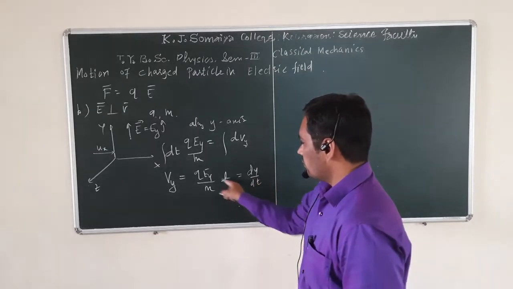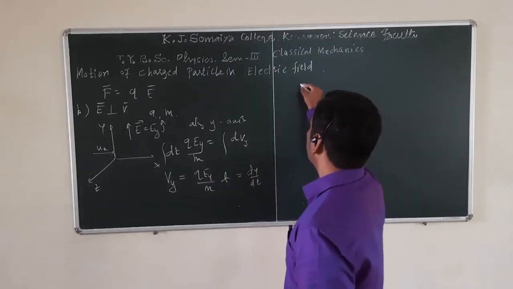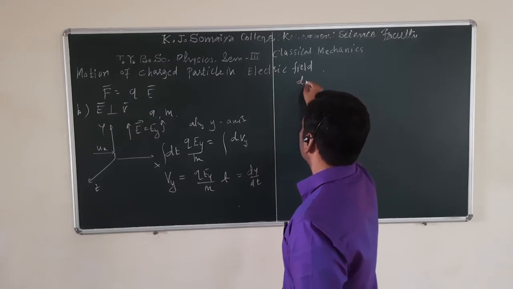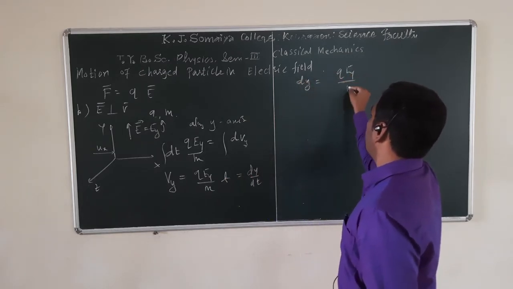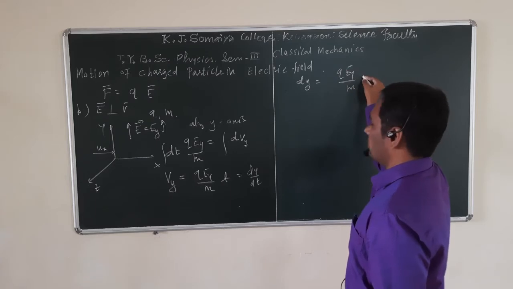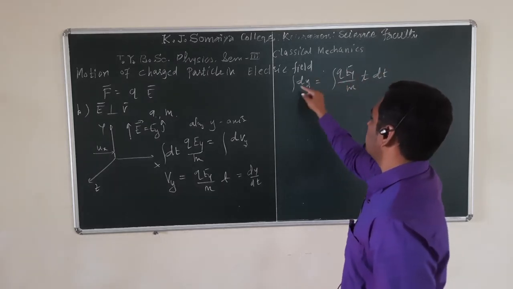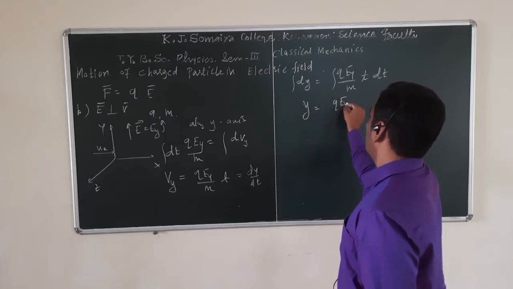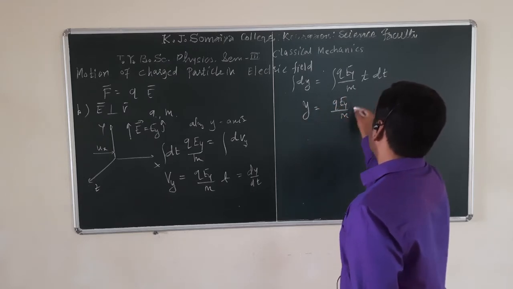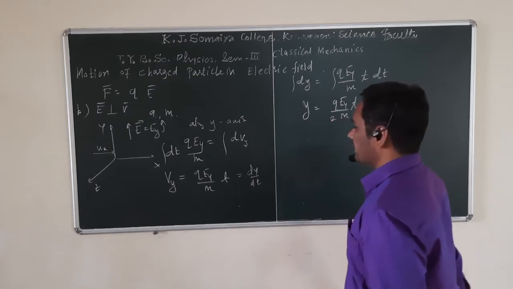So dy is equal to q Ey upon m into t dt. Integrating this equation, the integration of dy is y, which is equal to q Ey upon m, t dt becomes t square by 2, plus constant of integration.